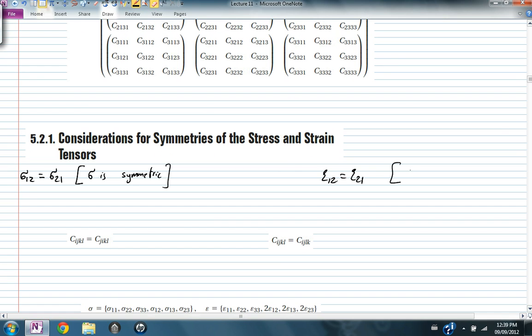So we said that the strain is symmetric. So what does this mean? It means the following, that since sigma 12 is equal to sigma 21, any constant that has 12ij has to be equal to the corresponding constant for sigma 21.